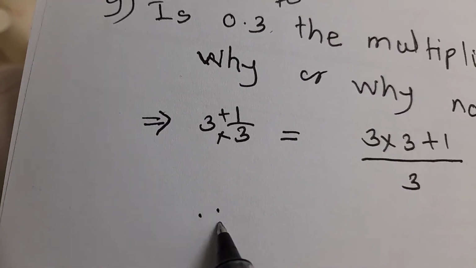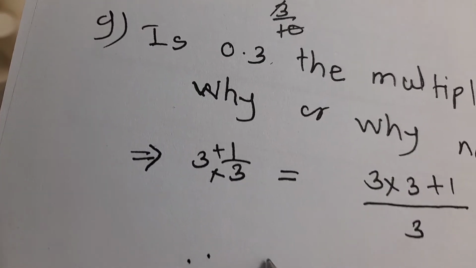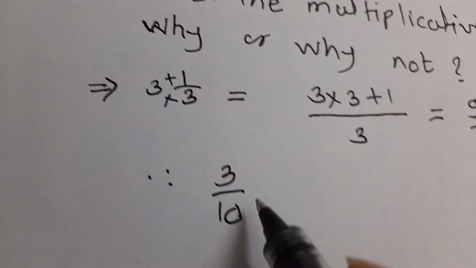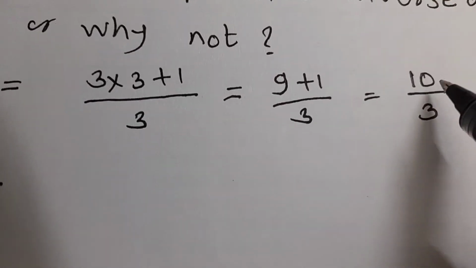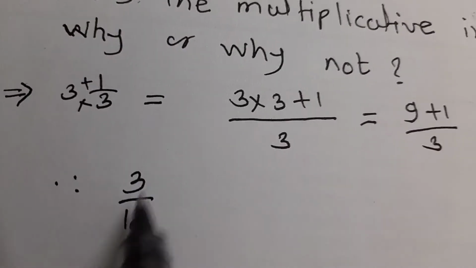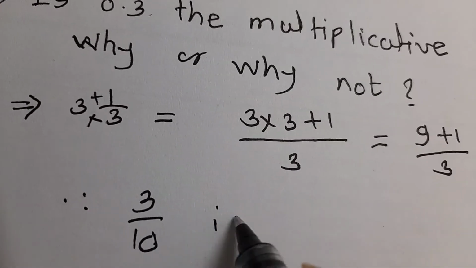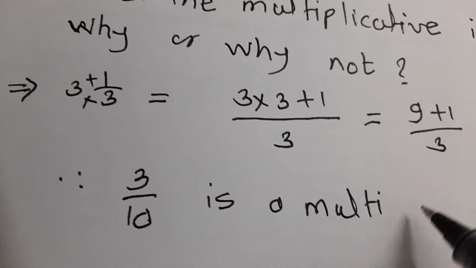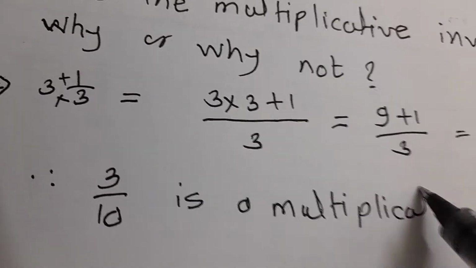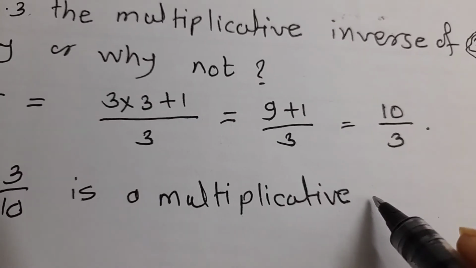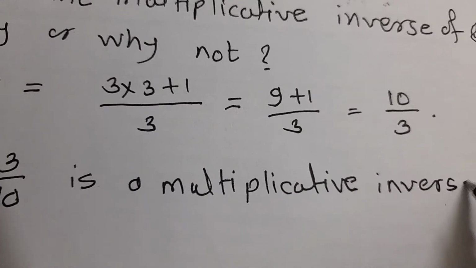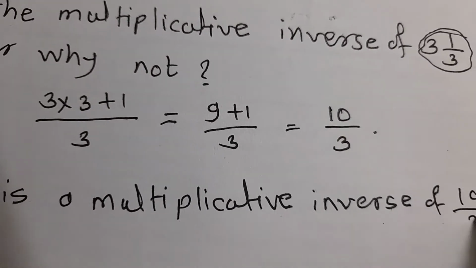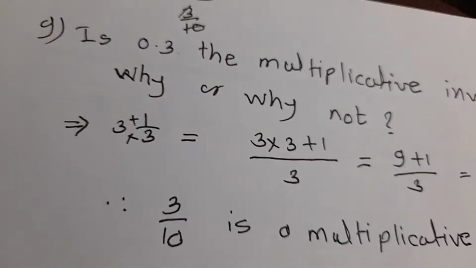Therefore 3 upon 10 is the multiplicative inverse of 10 upon 3. We know that 3 upon 10 is a multiplicative inverse of 10 upon 3 by property.